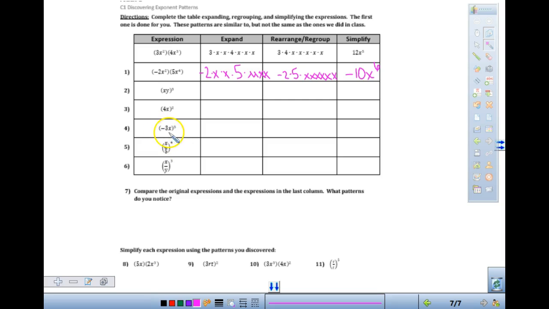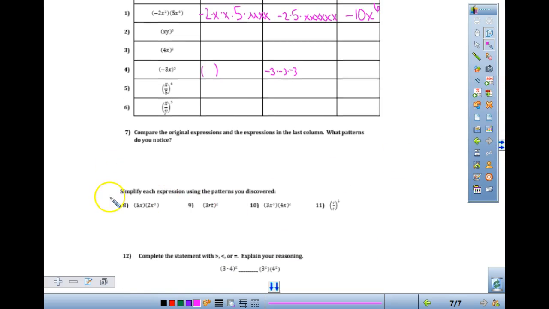The difference here is this is -3x. How many times should I see that? 3. I should see -3x 3 times. And when I rearrange it, I'm going to see like -3, -3, right? -3. So some people are totally done with that B in the review, but when I go to look at this, you need to show me the rearrange.